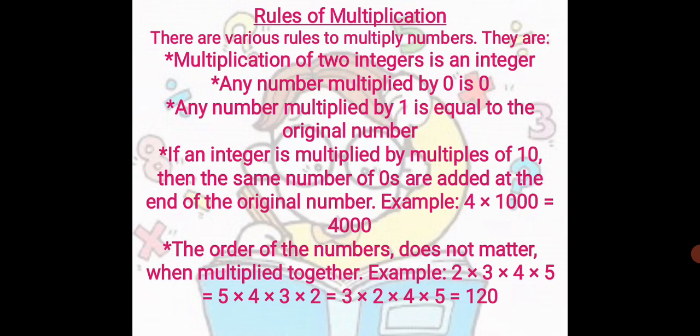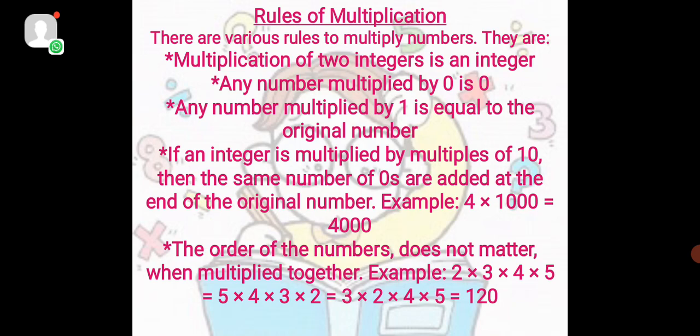Children, now we have reached the point where I will discuss with you the rules of multiplication. Through the names of the rules, we have already gone through the process. We will just revise it once again. Rules of multiplication.